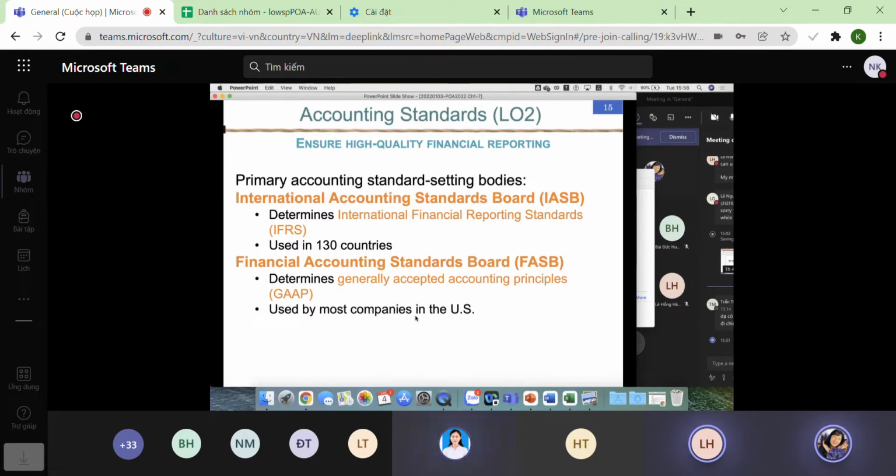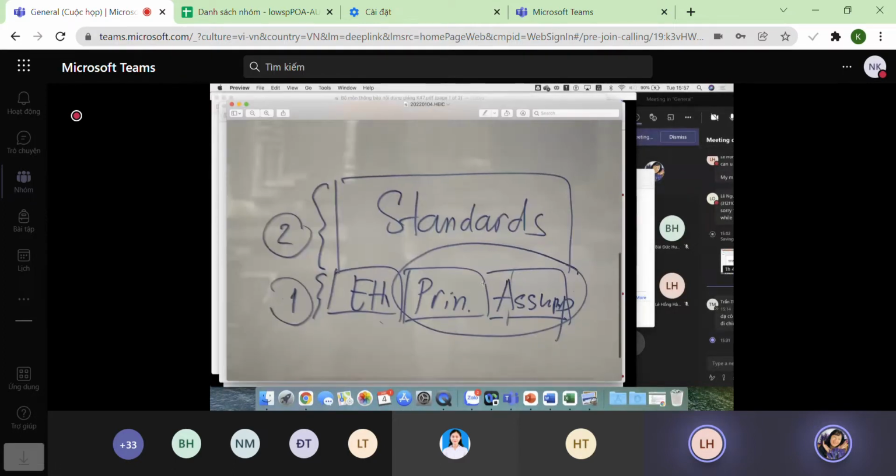What do you think? IFRS or GAAP? IFRS. The Vietnamese accounting system is developed based on IFRS. Okay, and that's the reason why we use the textbook with IFRS. Our textbook says IFRS here.